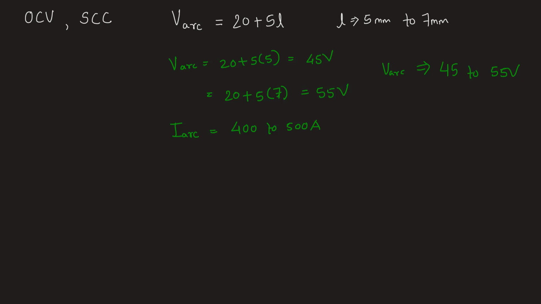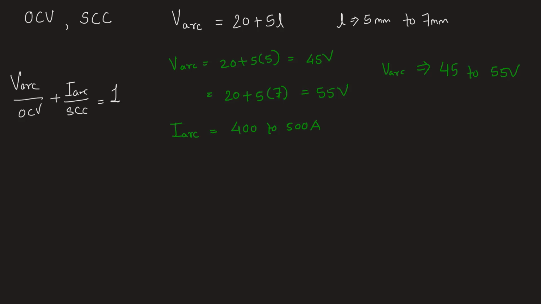Now, the relationship between OCV and SCC is written as arc voltage V arc by OCV plus arc current I arc by SCC is equal to 1. We can use the combination of arc voltage and arc current to write down each of the equations.